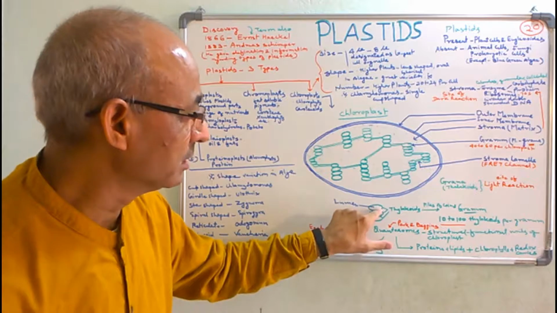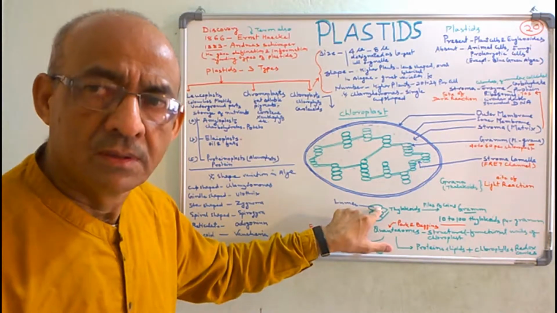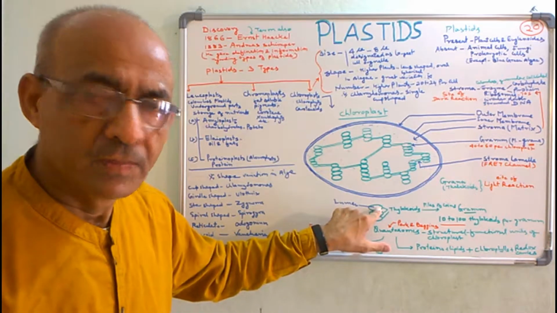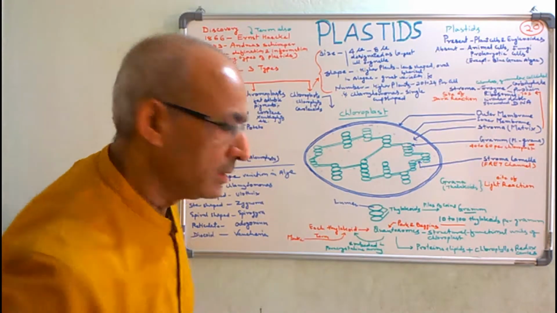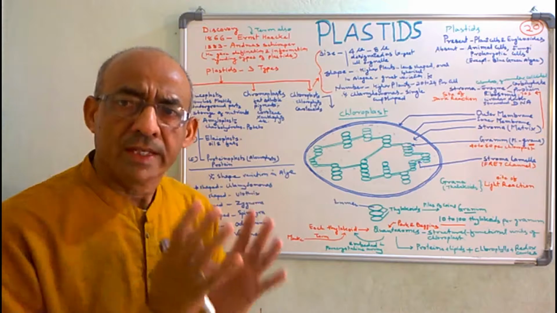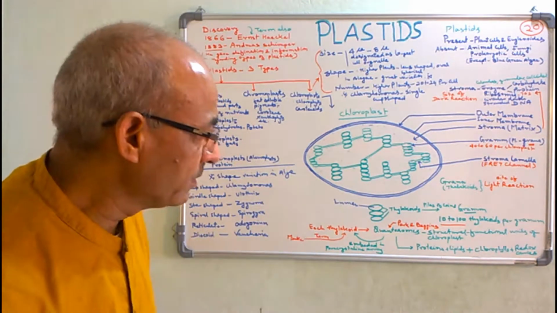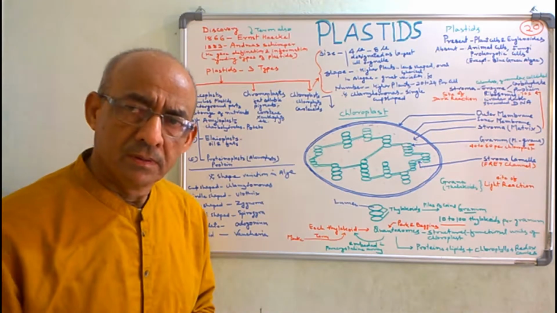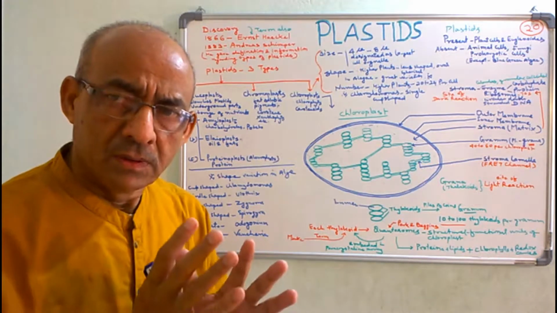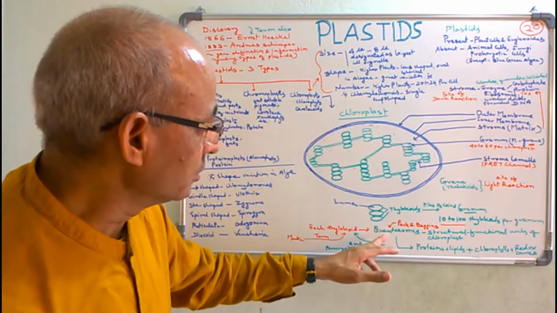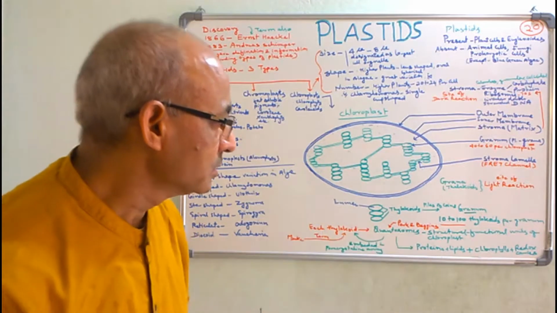But individually, this is a thylakoid. Thylakoid contains a number of small units. Those units are called quantasomes.